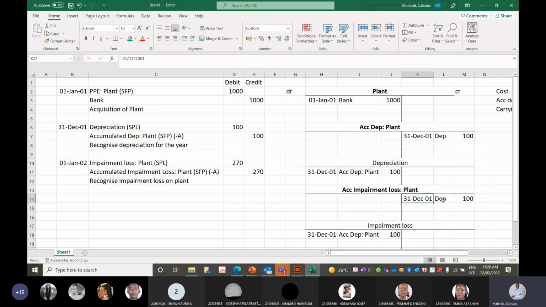So the accumulated impairment loss was 270, and the impairment loss was 270.